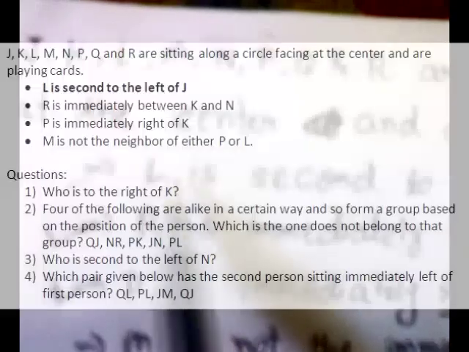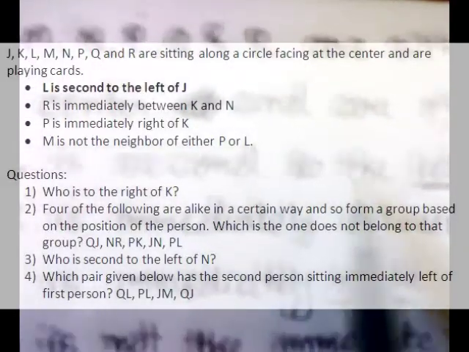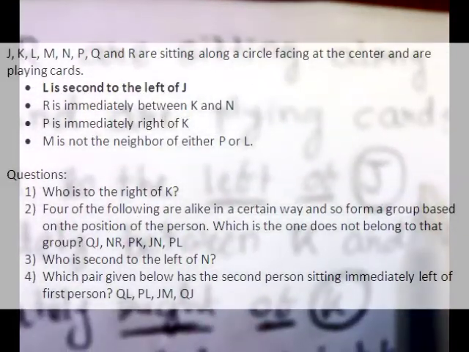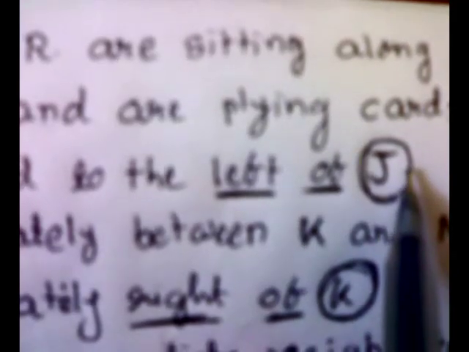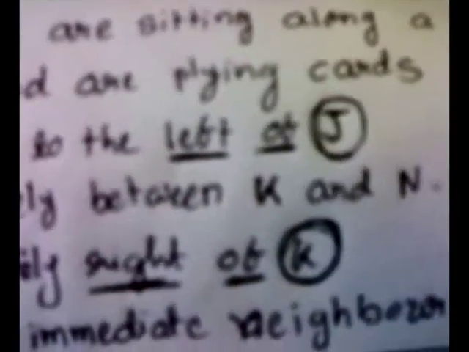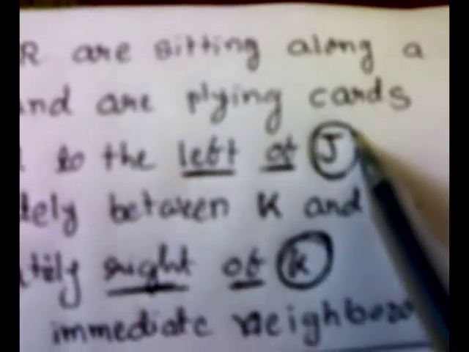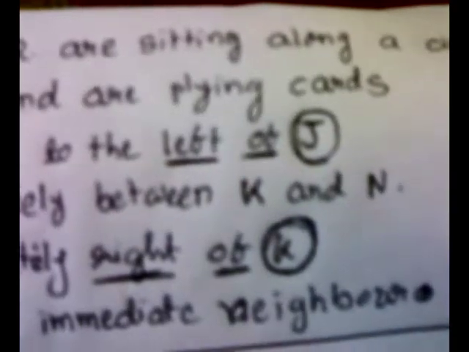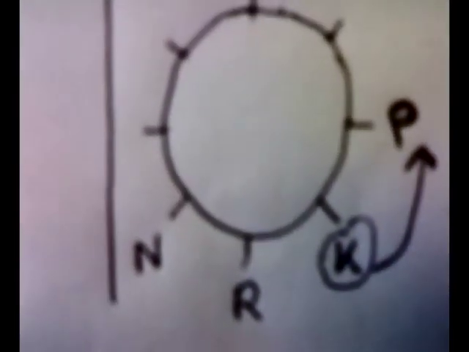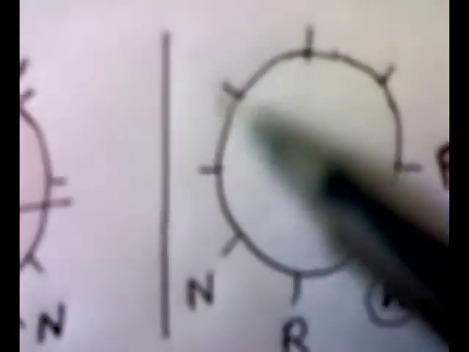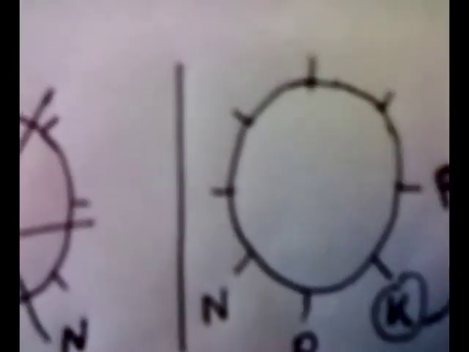The first condition says L is second to the left of J, right? L is second to the left of J. So the word followed by of is J, and we don't have J on our circle, so we will put J randomly, and we have 4 places for that.